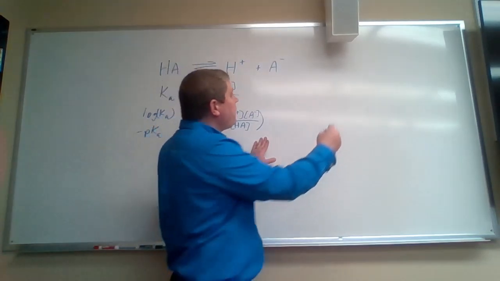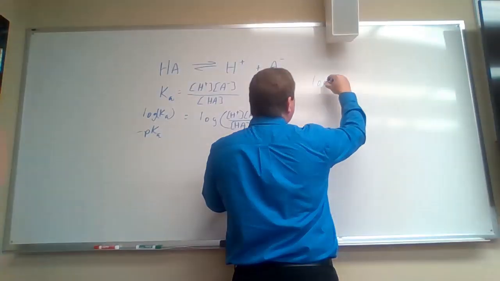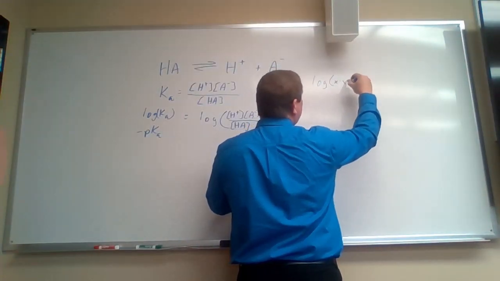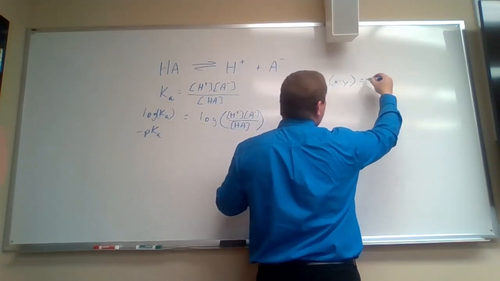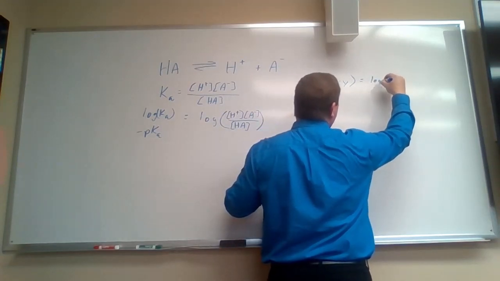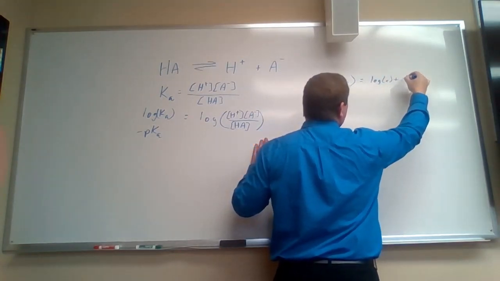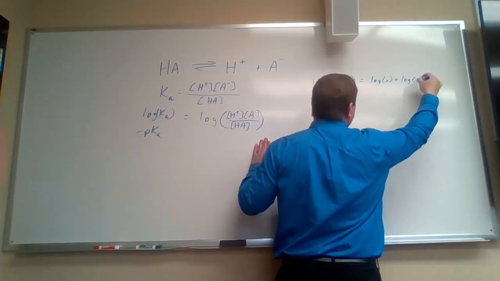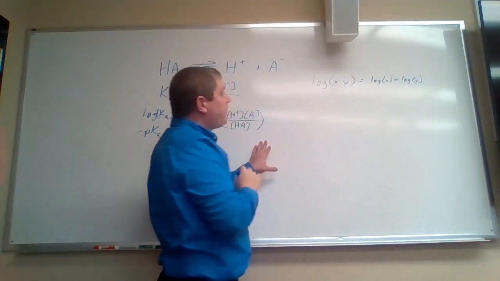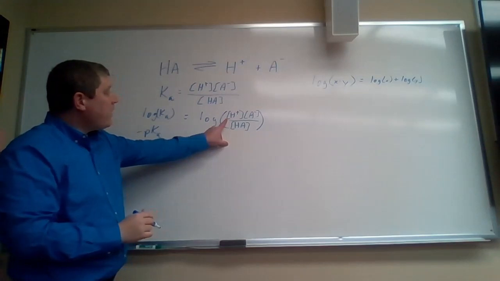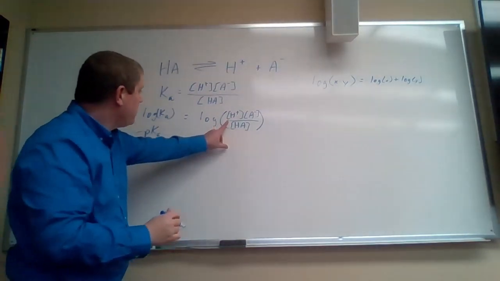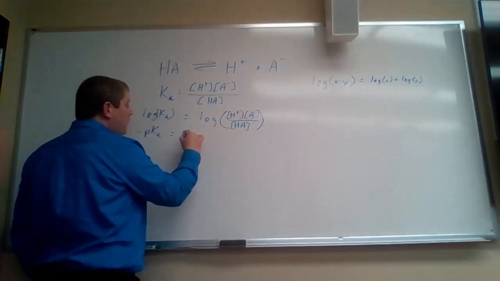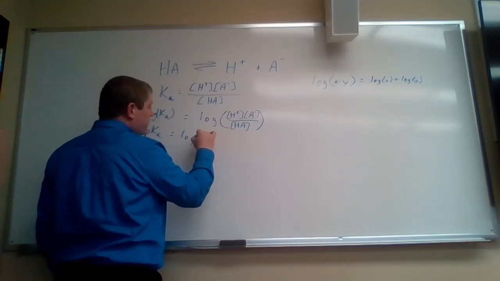Because one of the properties of logarithms is that if we have log of x times y, we can separate those into log of x plus log of y. And so let's separate out this hydrogen ion concentration into its own log term.